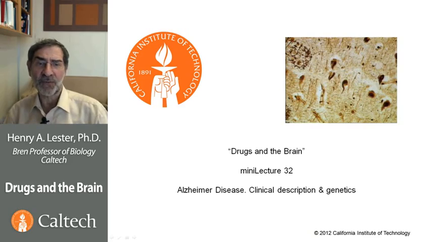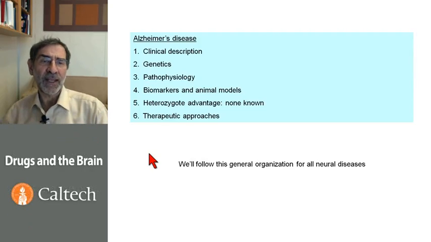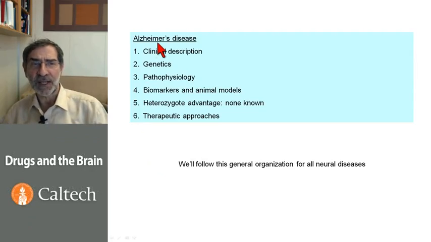So let's get started with Alzheimer's disease. We're going to follow a general organization for all neural diseases, and Alzheimer's disease will be our first. First, we'll give a clinical description of Alzheimer's disease, and then what we know about its genetics, its pathophysiology, what causes the disease, biomarkers and animal models, and a heterozygote advantage, and we'll describe what we mean by that.